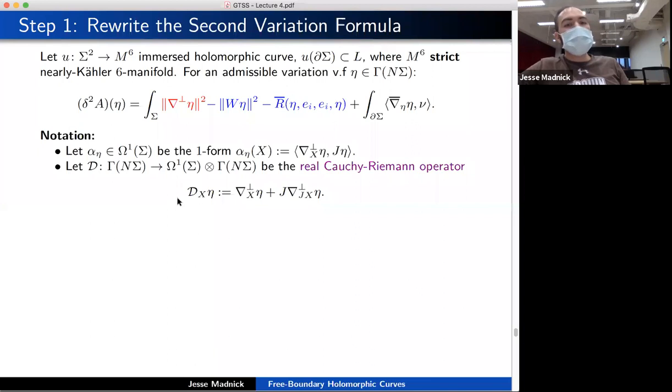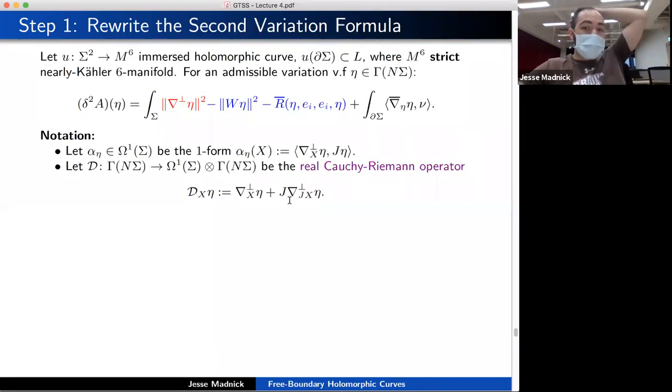So for us, the real Cauchy-Riemann operator will be basically the antilinear part of the normal connection. Okay, and again, the important point is that the normal connection, because we're in a strict Nearly-Kahler manifold, doesn't preserve J. Okay, so D will be our sort of round D bar operator, if you like.